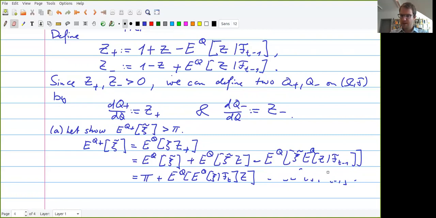It doesn't fit, let me rewrite this because it's too long. I condition again on F_{T-1}, so I get this conditional expectation with respect to F_{T-1}, and the second term is already F_{T-1} measurable, so I can pull it out. I have this one.